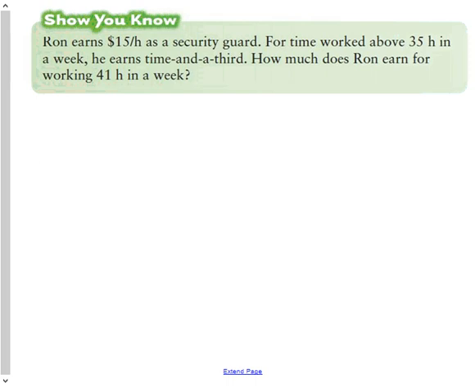So the first part, he gets $15 an hour times the first 35 hours he worked. So we're going to write that down as being $15 an hour for 35 hours. And we have to do a quick computation. So if he worked 41 hours a week, that means he worked 6 extra hours.